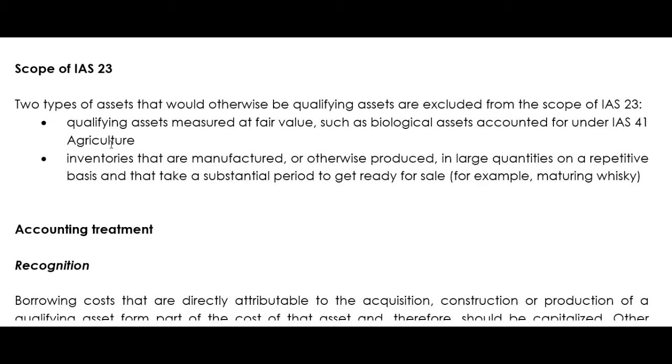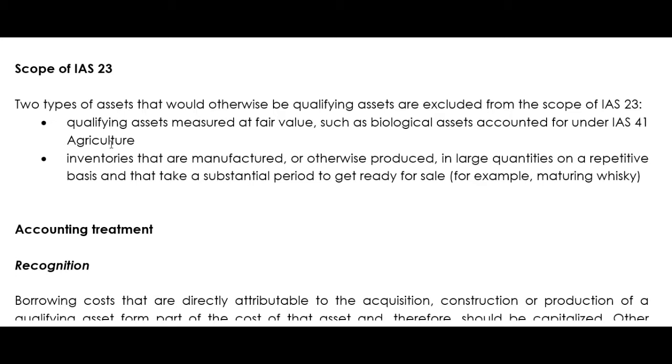So, ang concept niyan ganito, yung maturing whiskey or other similar items, okay, qualifying asset siya, kasi it will take substantial period of time before it can be completed or before it can be used, before it can be sold. However, it does not qualify as a qualifying asset under the scope of IAS 23.